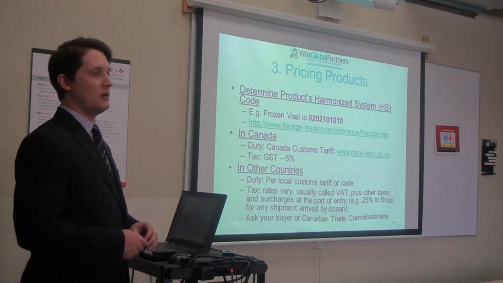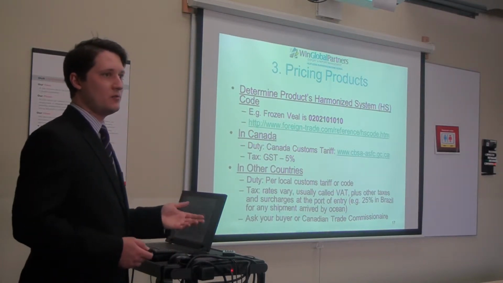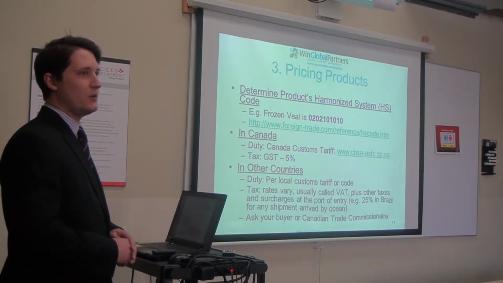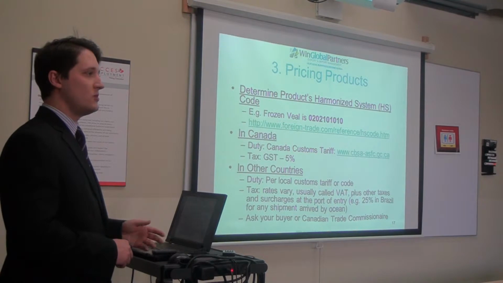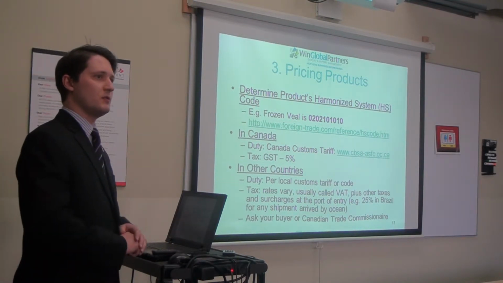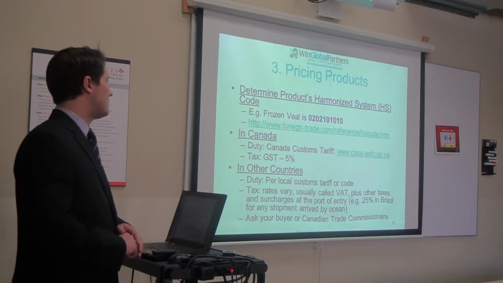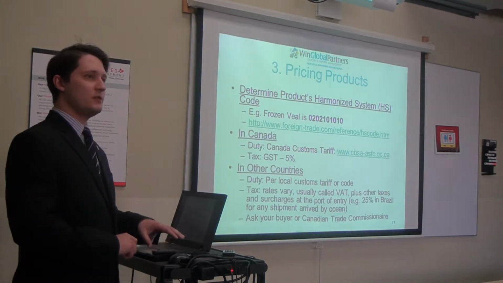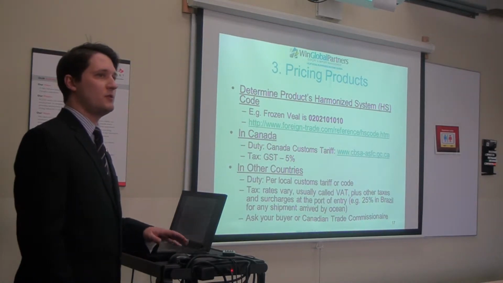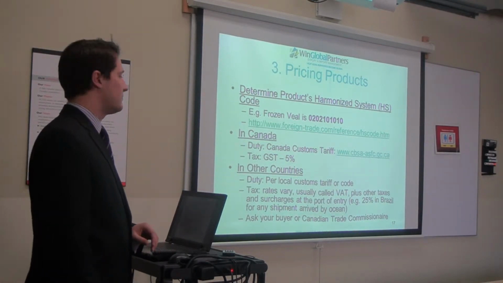For example, there is NAFTA with the United States and Mexico, and most products are duty-free. There are agreements with Peru, Chile, Costa Rica, and some countries in Asia too. These countries have a preferential tariff, either 0% or less than the average.